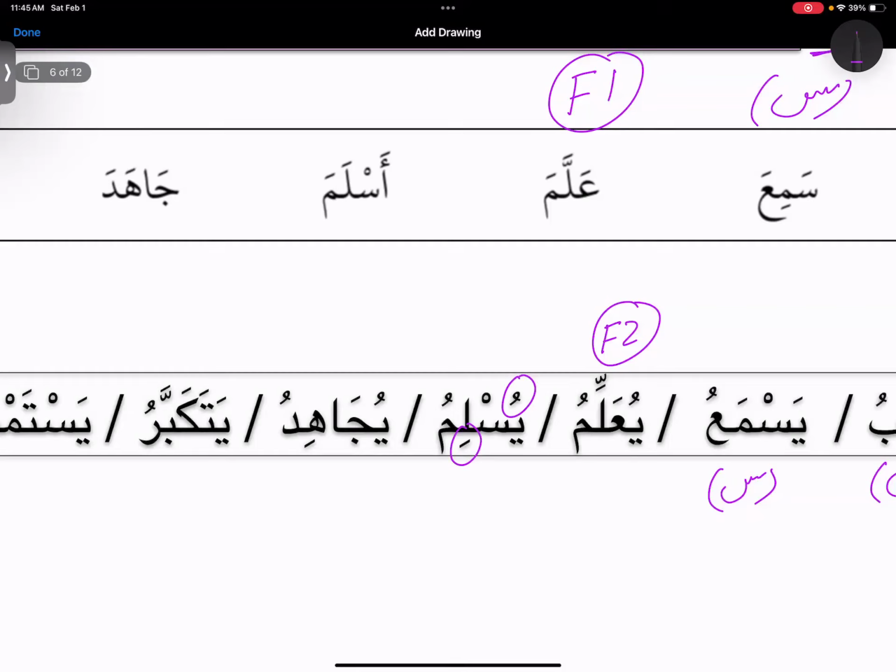Salama: this is my fa kalima, this is my ain kalima, this is my lam kalima, and this is extra. This is mazid. But when we convert into mudariya, we just start with dhamma and give it a kasra. So aslama will become yuslimu.